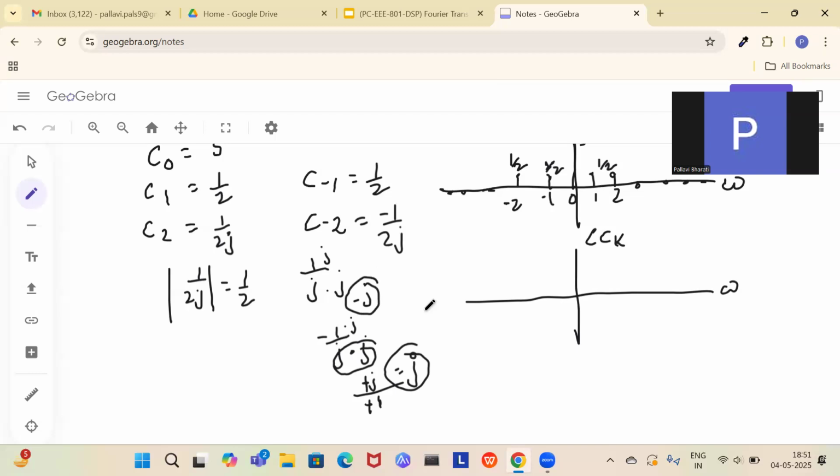So you have two angles in the phase spectra, at two places. One was at minus 2, which is pi by 2, and the other was at plus 2, which is minus pi by 2. Otherwise, at other points, it is 0. There is no angle here, no angle here, all the values are 0. So the values are present only at minus 2 and plus 2 for the phase spectra.